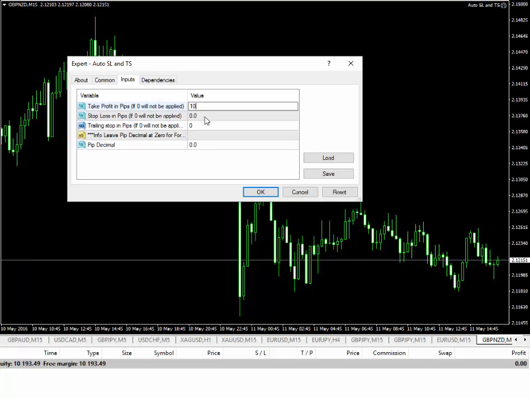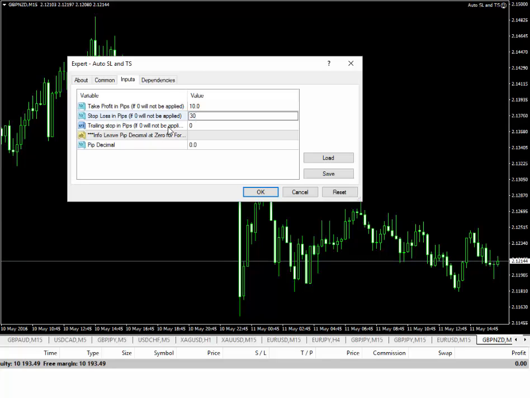If you wish, you can place the stop loss at say 20 pips or 30 pips, whatever you are comfortable with. If you want the trailing stop, you put the trailing stop to start at say about 10 pips. But if you're taking only 10 pips, then there is no need for a trailing stop, so just leave it at 0.